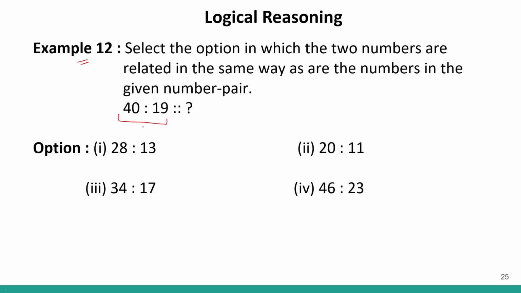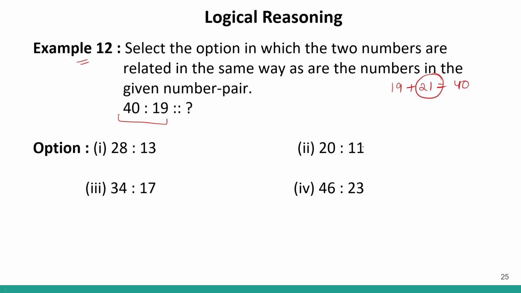Now, example number 2. There is a certain relationship between this number and we have to find the other number. Basically, which of the following bears the same relationship as them? So I can see between 40 and 19, two types of relationship are possible. The first relationship is simple mathematics, that is addition. Basically, in 19 if I add 21, I'll get 40. So if in any number I see a difference of 21, it will give me my answer.